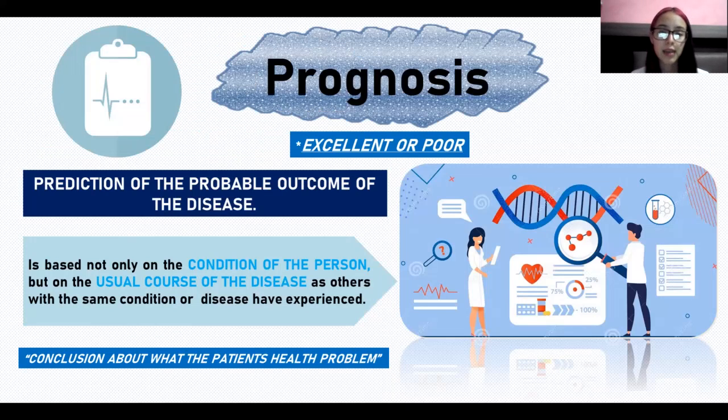After reaching a diagnosis, the doctor gives the patient complete information about the disease and also gives a prognosis to establish a treatment. Prognosis is the prediction of the probable outcome of the disease. This is based not only on the condition of the person, but on the usual course of the disease as others with the same condition have experienced.